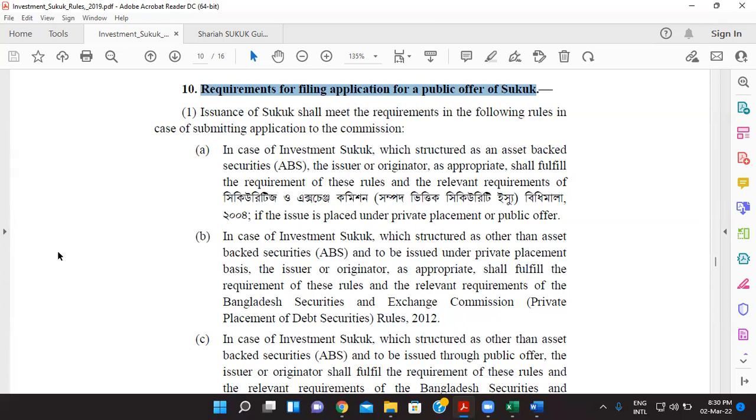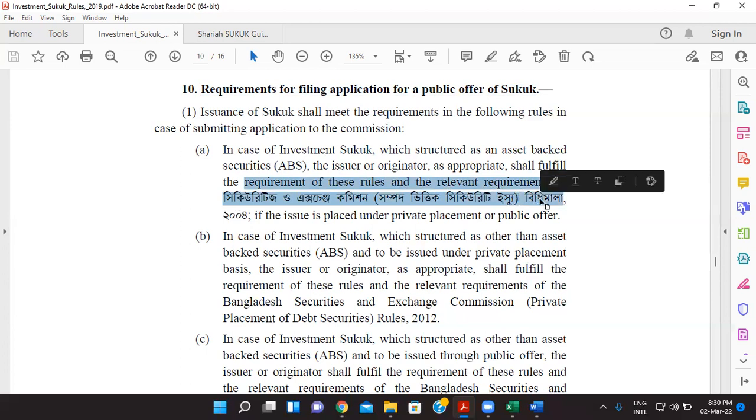Let me summarize what has been said. There are separate rules, separate guidelines, with respect to asset-backed securities. You have to fulfill the requirements of the rules mentioned here.